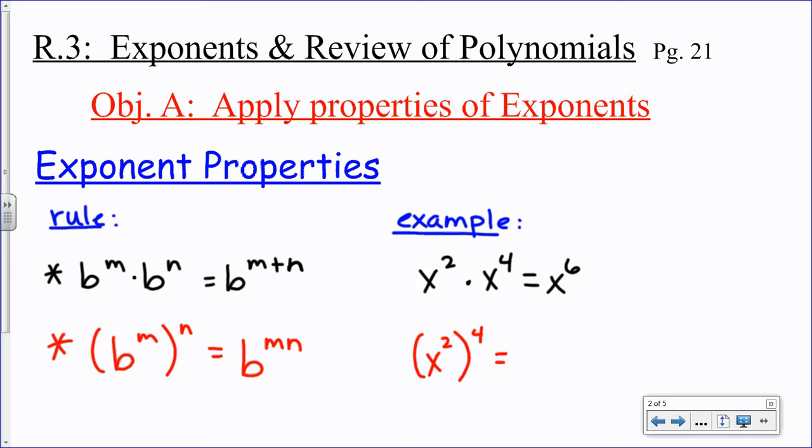So x squared to the fourth power will be x to the 8th.